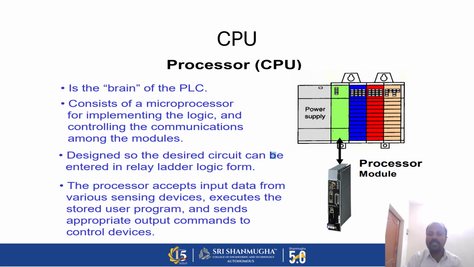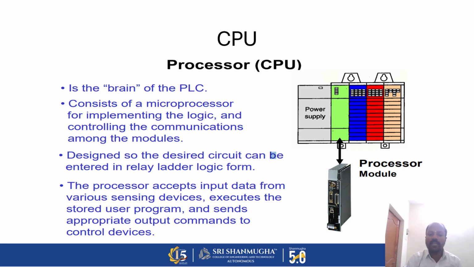Next is the CPU, Central Processing Unit, which is nothing but the processor. It is the brain of the PLC. It consists of a microprocessor for implementing the logic and controlling the communications among the modules. It is designed so that the desired circuit can be entered in relay ladder logic form.